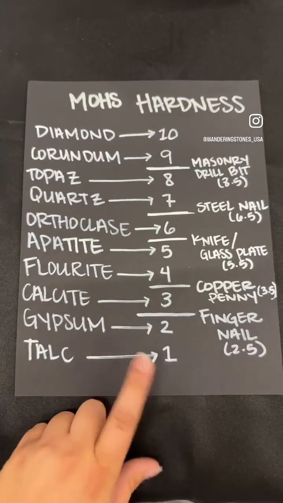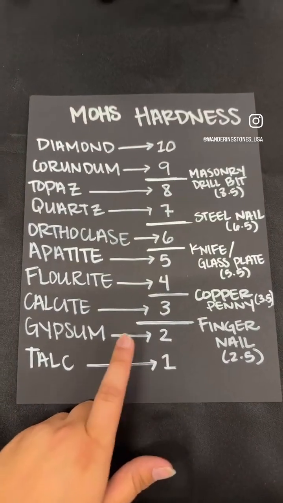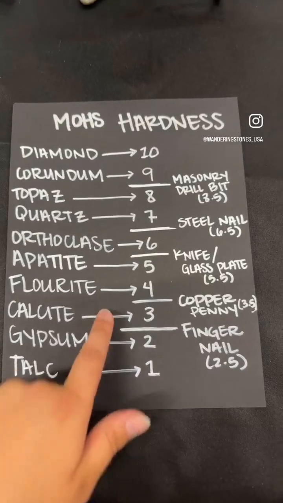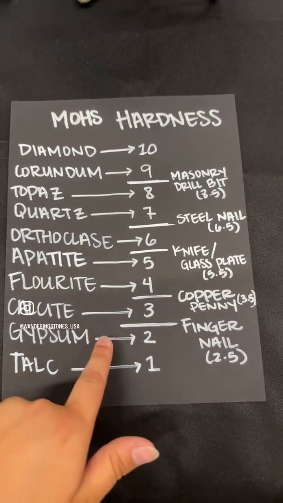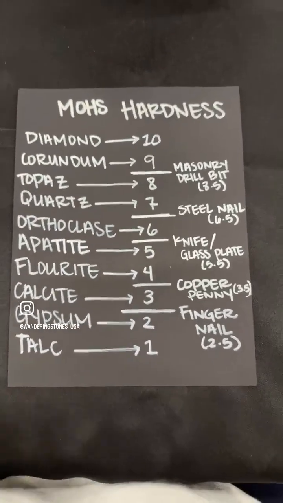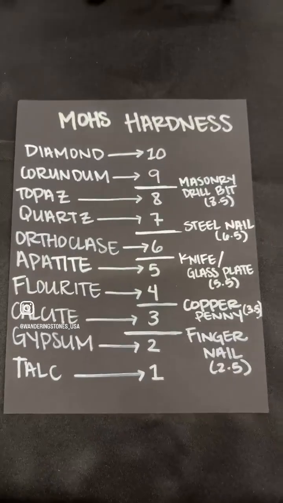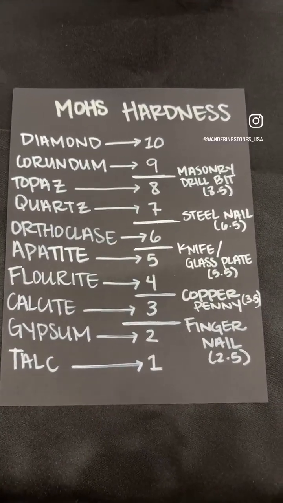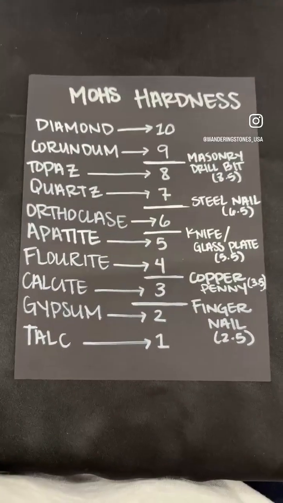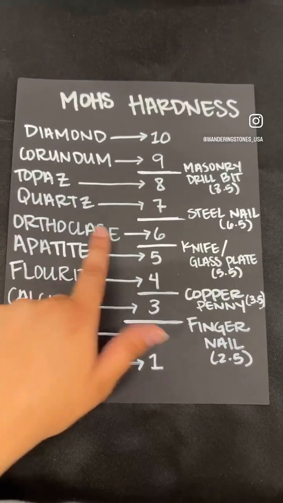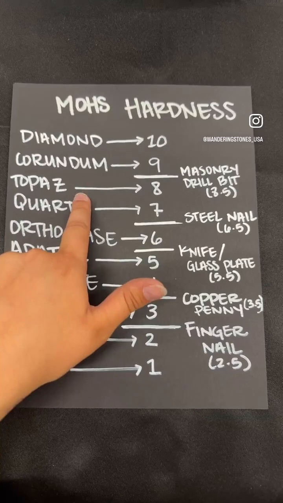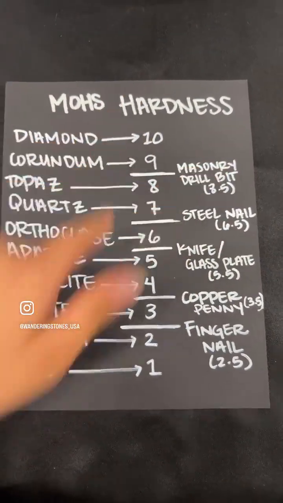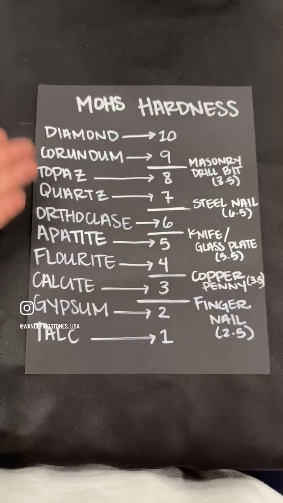So talc is our softest mineral, gypsum is 10 times harder than talc, and calcite is 10 times harder than gypsum, and so on. So it compounds in terms of durability. This is really important in a lot of applications. Generally, when people are looking at engagement rings, they're looking for really durable minerals, like an 8+.